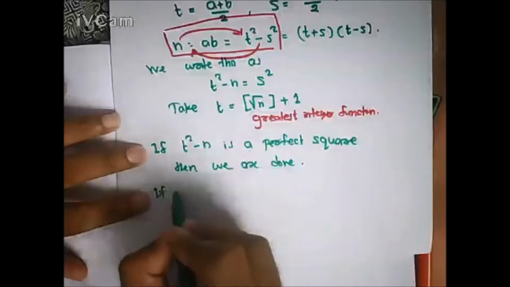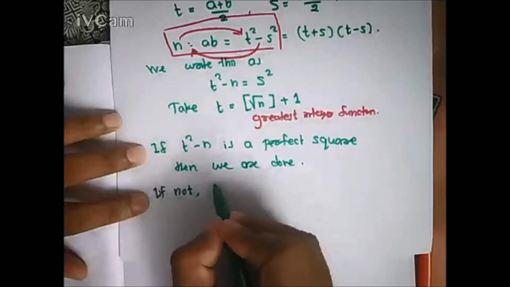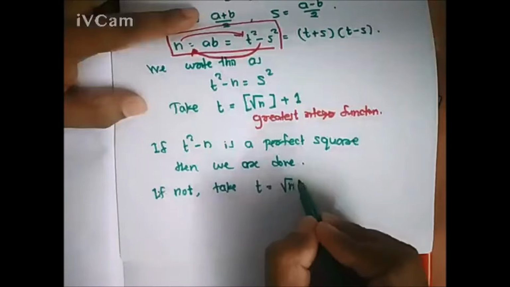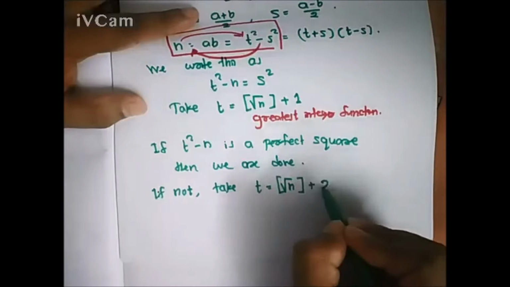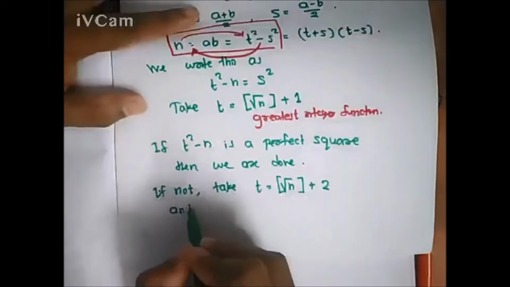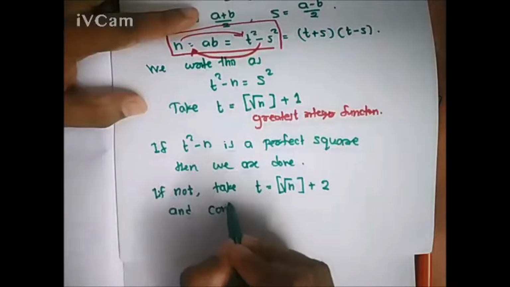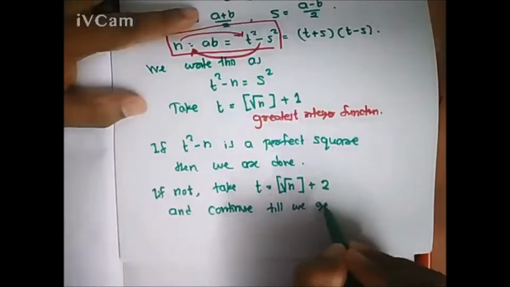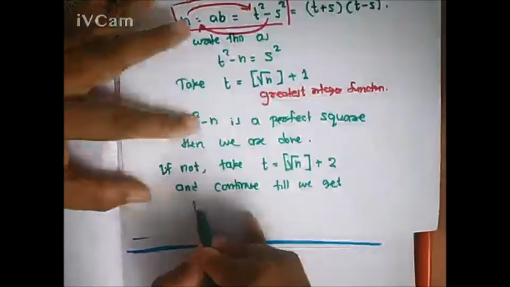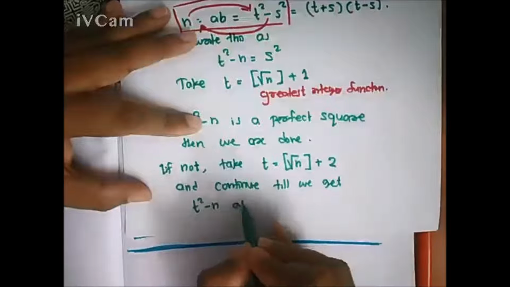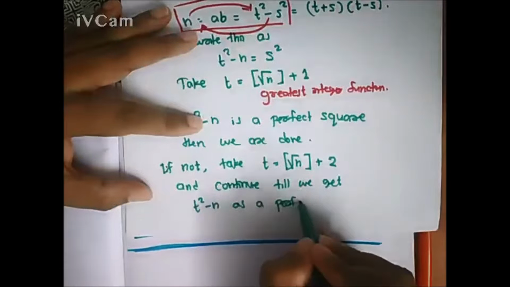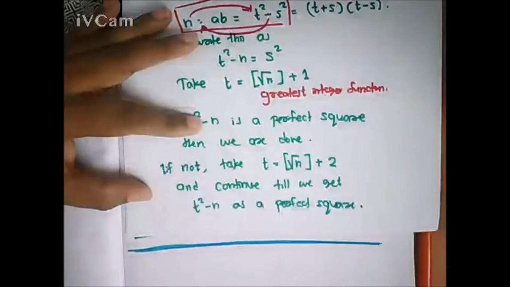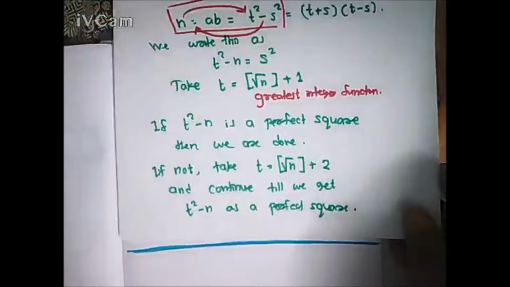If not, take t as the square root of n, bracket function, plus 2, and continue till we get t square minus n as a perfect square. This is the procedure.